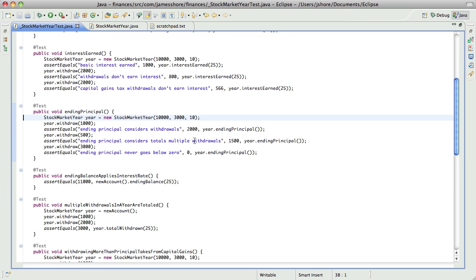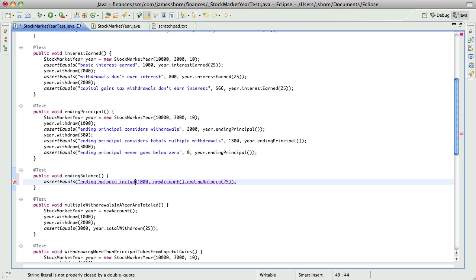Did we cover that already? Yeah, interest rate. Ending balance applies interest rate. Yes. And let's actually ending balance. So ending balance includes interest.